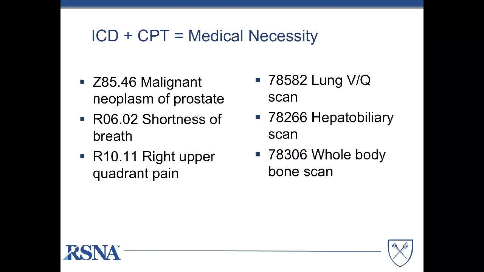So, if we changed our indications for our studies, we cannot bill a lung scan for prostate cancer, nor can we bill a hepatobiliary scan for shortness of breath. And right upper quadrant pain is not an indication for a whole body bone scan.